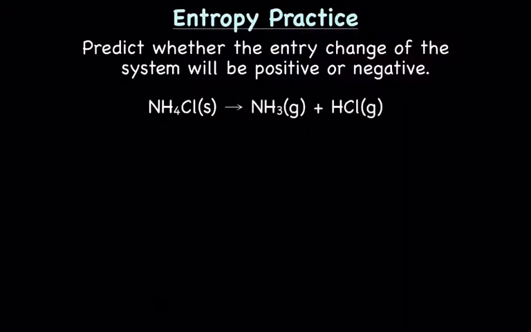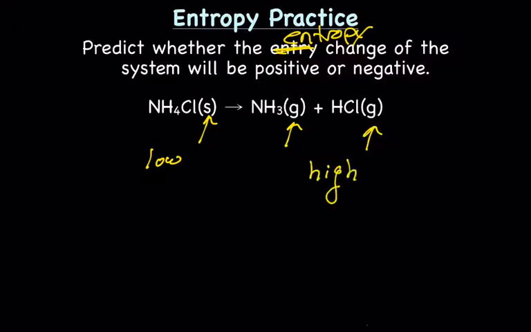Okay, let's try another one. We're going to again predict whether the entropy change of the system will be positive or negative. So let's start with the state of matter. On our reactant side, we have a solid, which is low entropy. And we have gases on the product side, which would be higher entropy.